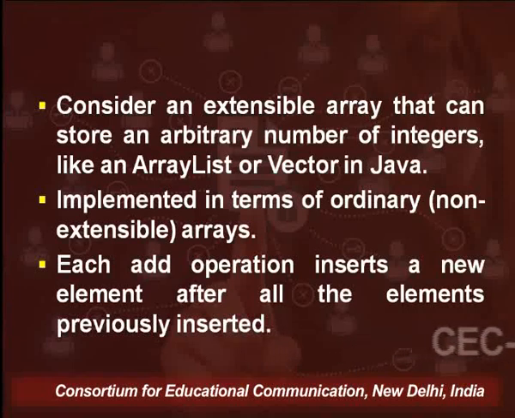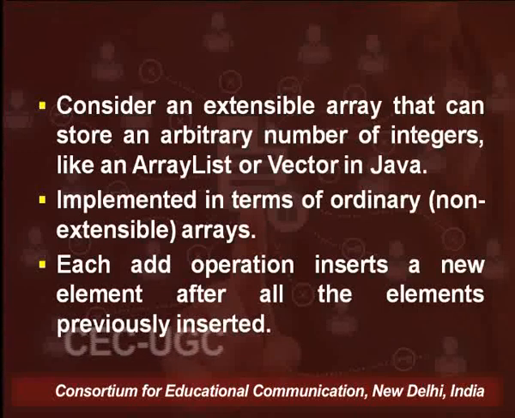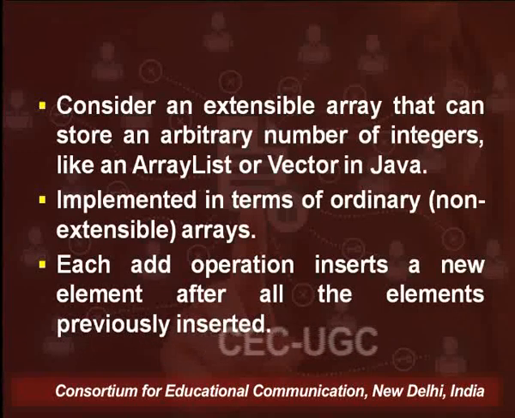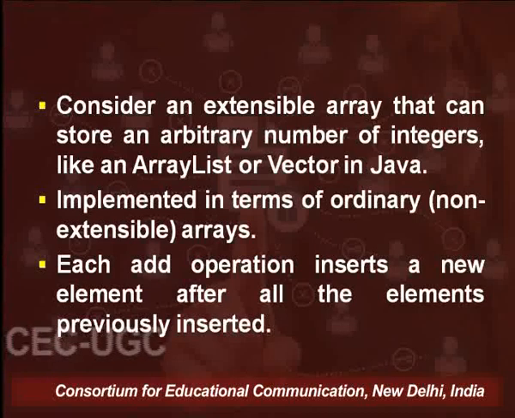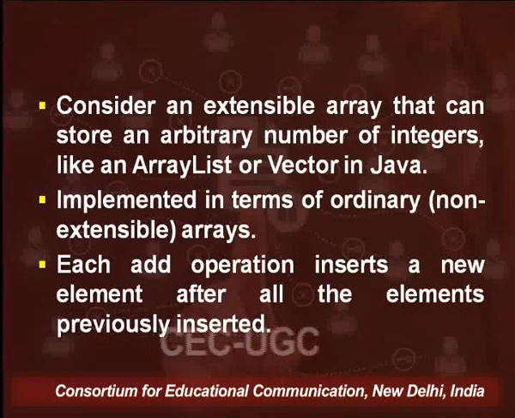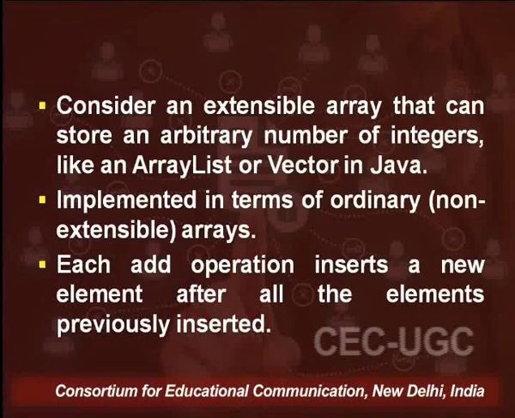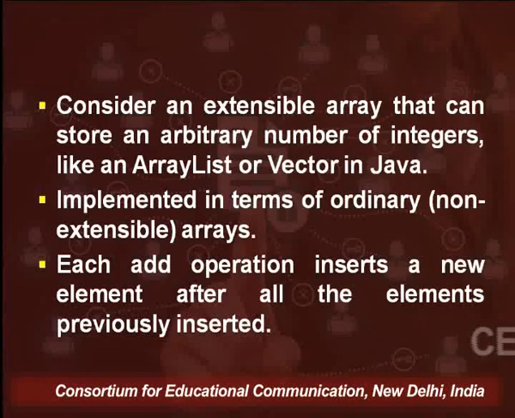How are we going to implement these array lists or vectors? These and other similar data structures are implemented in terms of ordinary arrays, which are non-extensible, and each add operation is going to insert a new element after all the previously inserted elements.